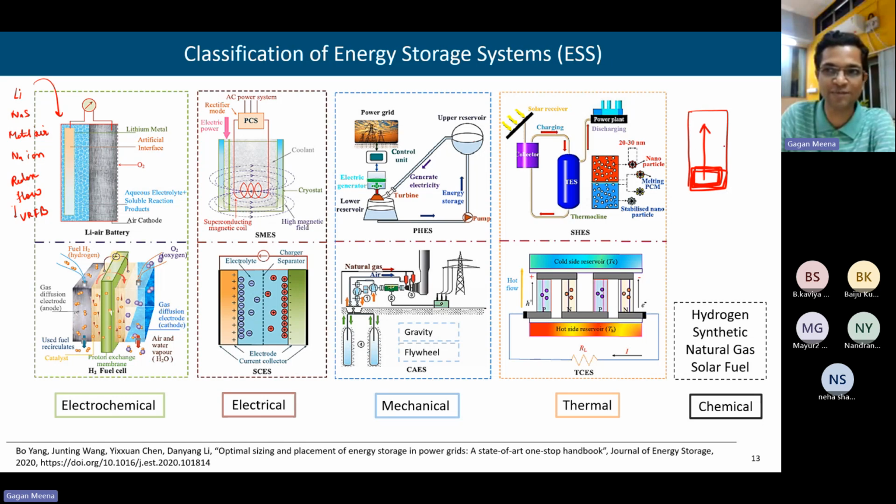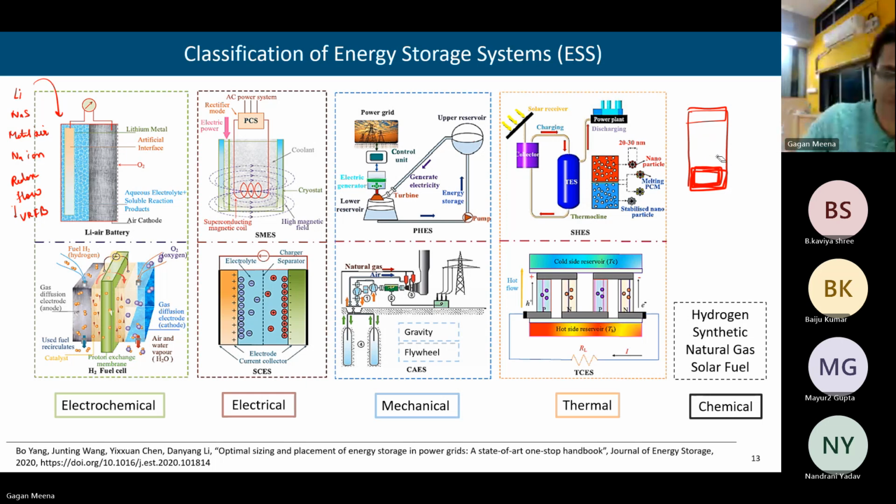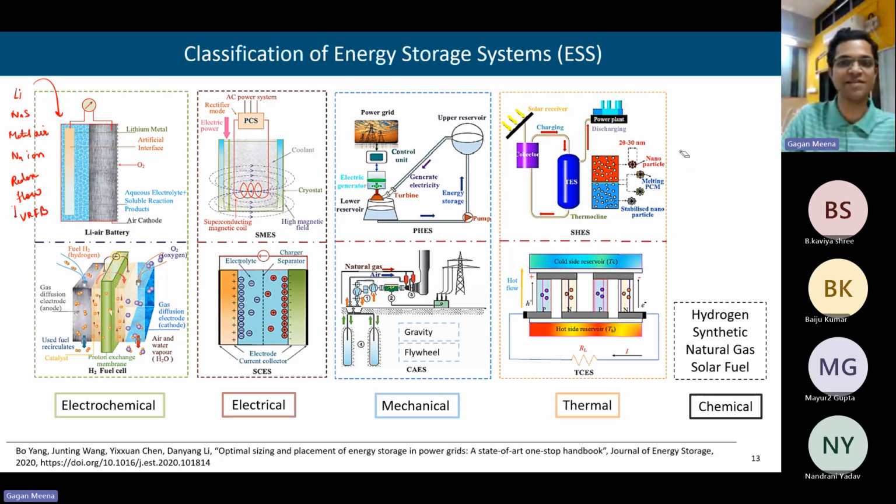So this is the charging process. The energy is stored in the form of potential energy. When discharging is required, they will drop it, release it, and that energy will be converted into kinetic energy and can be used. That is gravity-based energy storage.